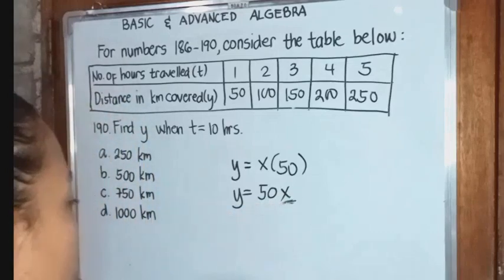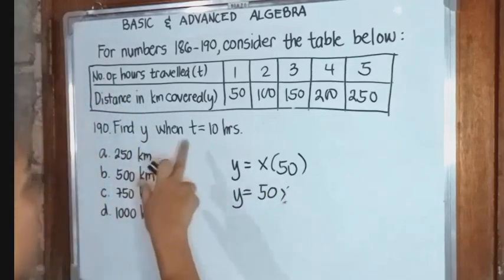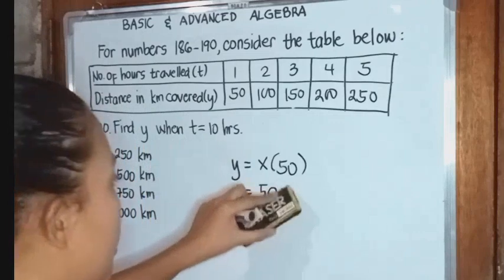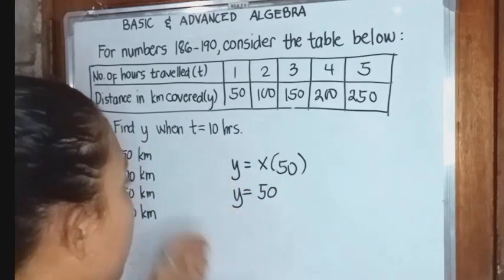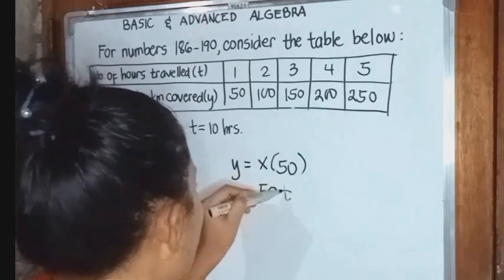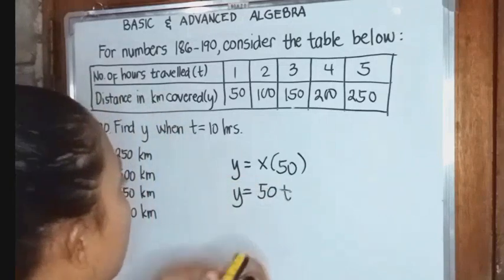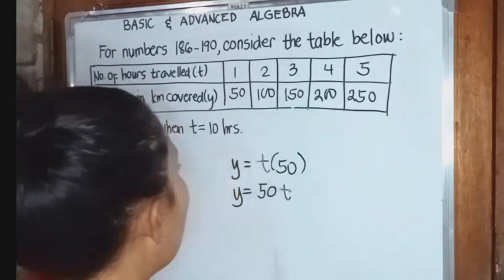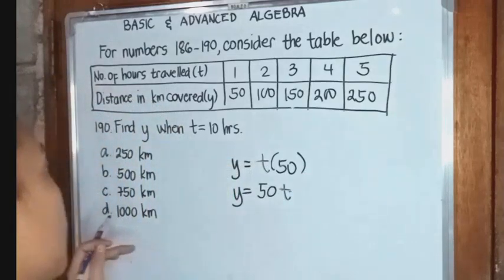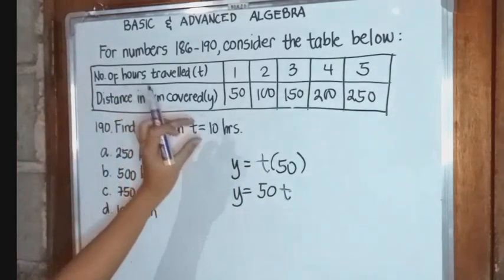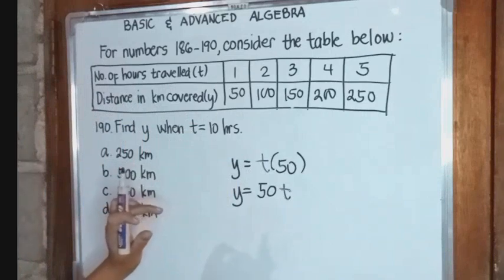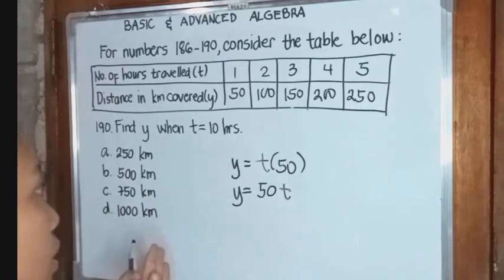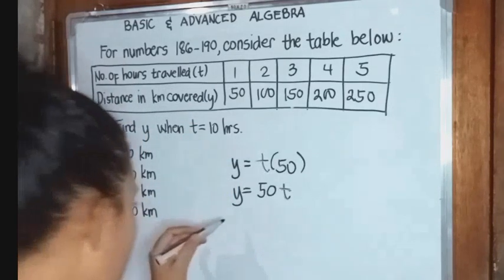Okay, let's change variable x to t, since the given here is t. Now we have to substitute 10 hours into the equation in order to find the distance in kilometers covered after 10 hours.